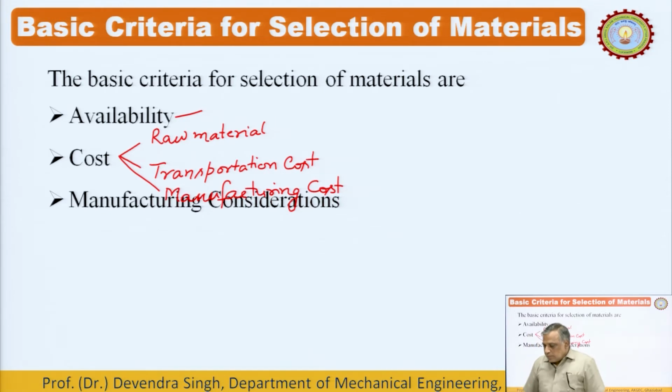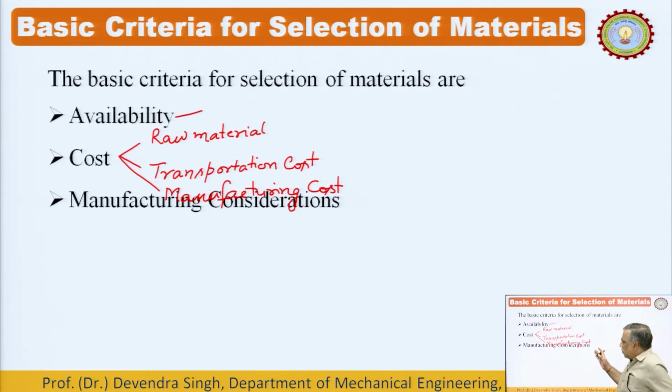See, the manufacturing considerations that I have discussed: what type of tolerances, what type of limits you need to make your design or assemblies, etc. And what type of surface finish, what type of surface hardness, or whether case hardening or core hardening is required.